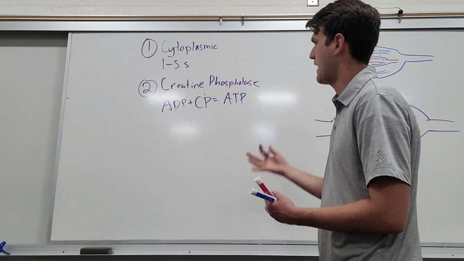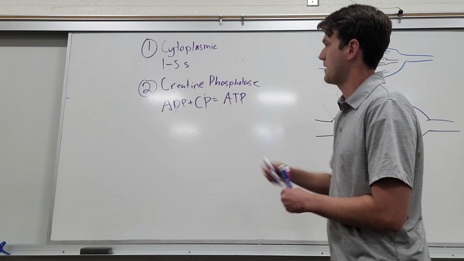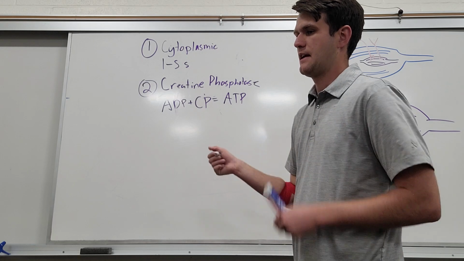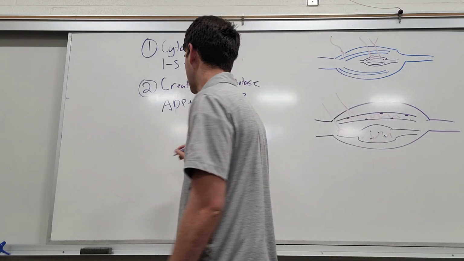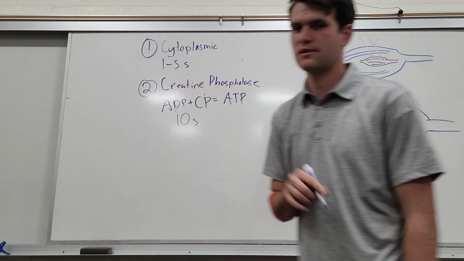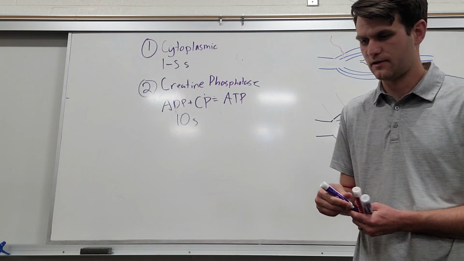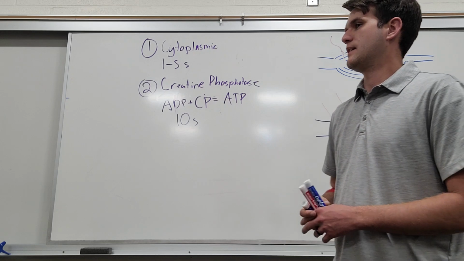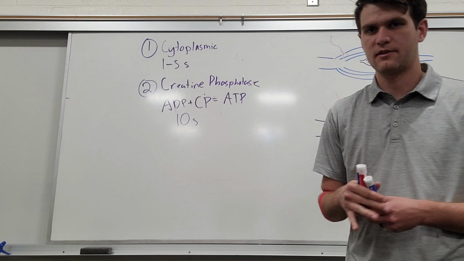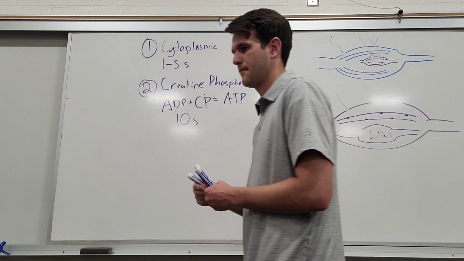So it's kind of scavenging, picking up the leftovers in our cytoplasmic stores, recycling it. But it only lasts maybe 10 seconds. So still very short-lived energy source. But if you need to contract just a little bit longer, it's a good source. Just a nice rapid source as well.